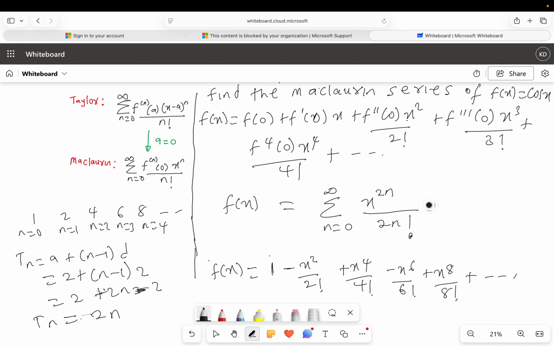For the switch of sign, I can use minus 1 to power n. Starting with minus 1 to power 0, I will have positive, then minus 1 to power 1, I will have negative. That is how it will keep on moving up to infinity. So this is the Maclaurin series for the function f of x is equal to cos x.